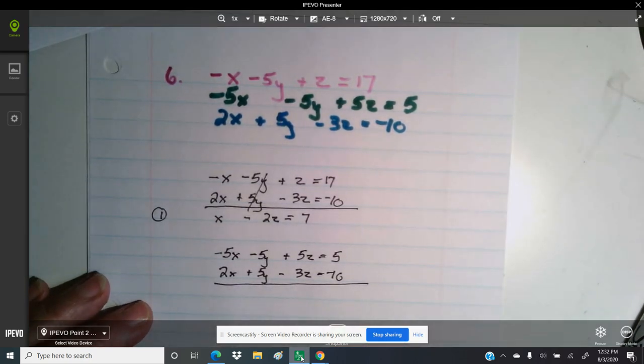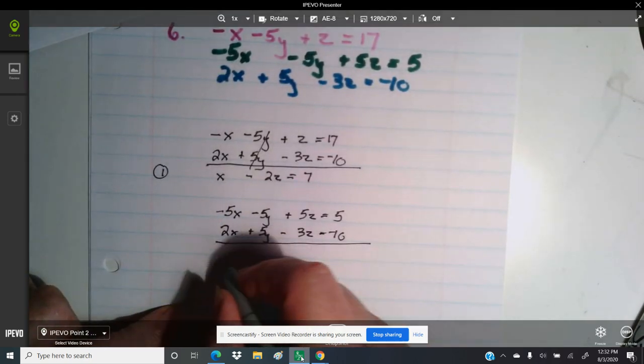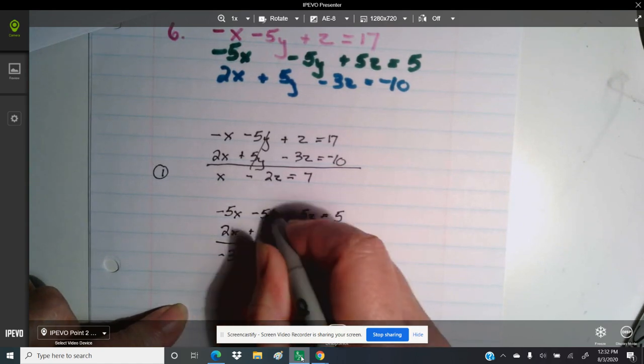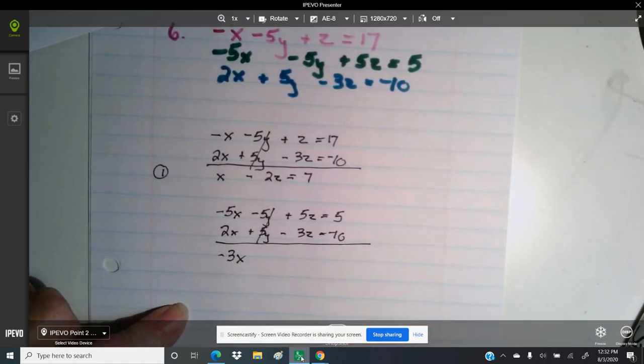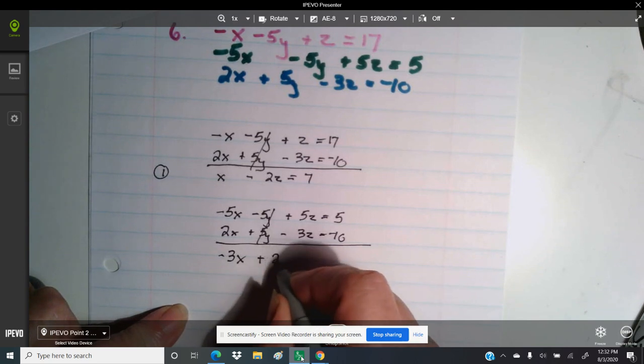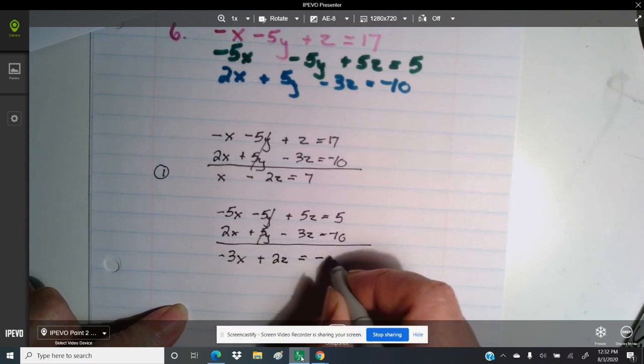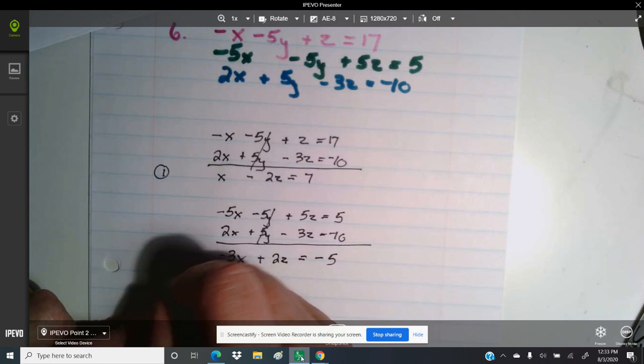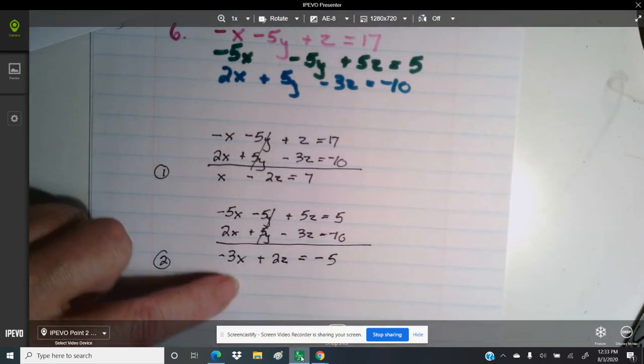And now, once again, when I add these equations, I'm going to get minus 3x. These terms cancel out, which is what I needed to happen, plus 2z equals minus 5. Now here, I have two equations and two variables.